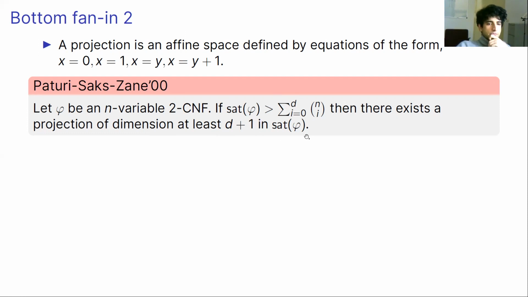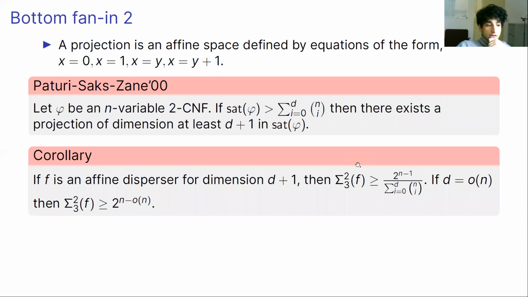And this is great because this allows us to derive from this lemma a lower bound for affine dispersers. And recall that affine dispersers are functions which are not constant on affine spaces of a given dimension. So in particular, if it's a disperser for sublinear dimension, we get maximally large lower bounds.